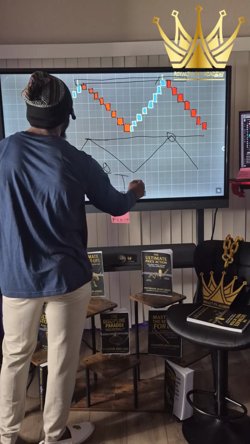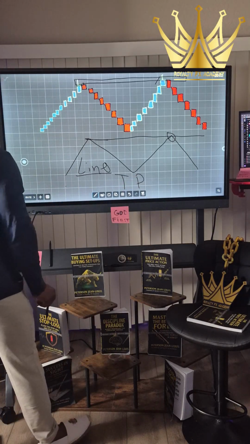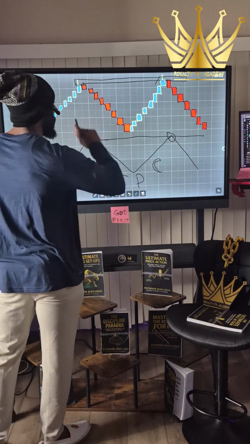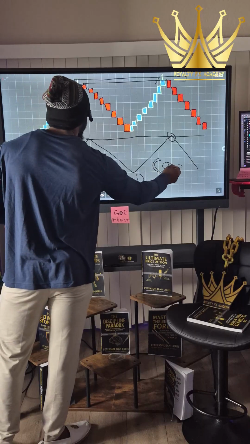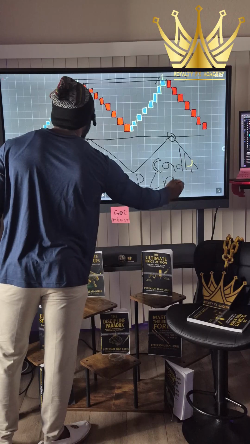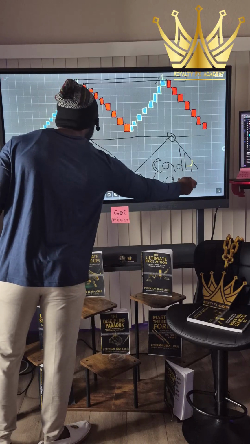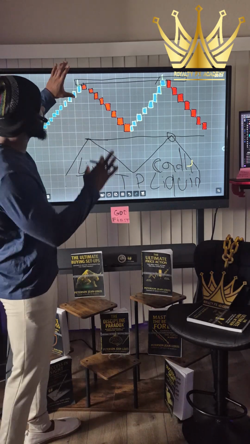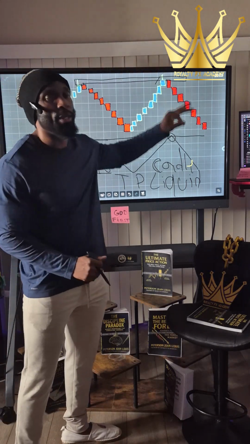Then you can use the candles to get the highest liquidity, which is the wick itself. Candles for liquidity. So combine it together, that rectangle property is your full zone.